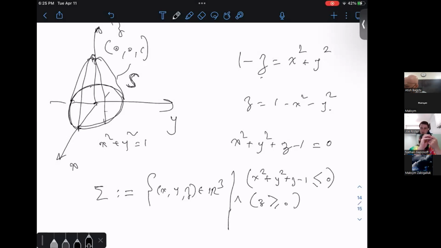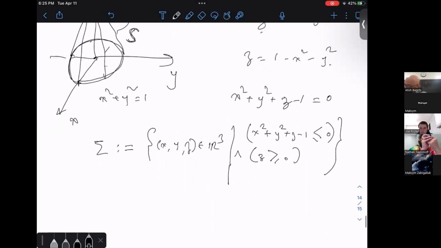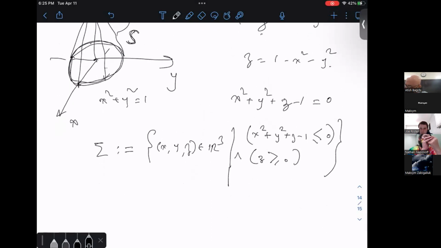But no restrictions on x and y. X and y could be positive or negative. So this is sort of a paraboloidal cap whose rim is, yes, so this is sigma.